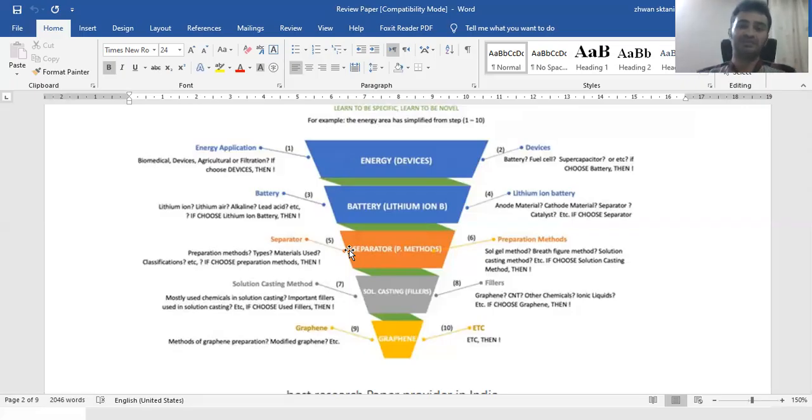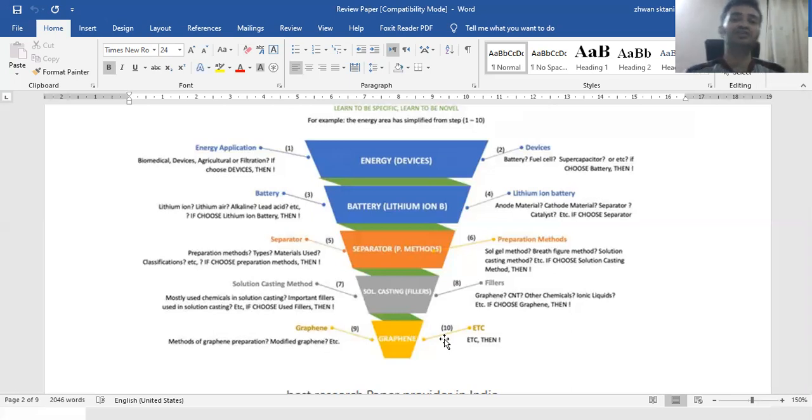But it is very important, before we choose the title, when you reach this stage, number 10, you should search again in the publishers. You find either this particular topic or a very closely related topic, whether previously published or not.